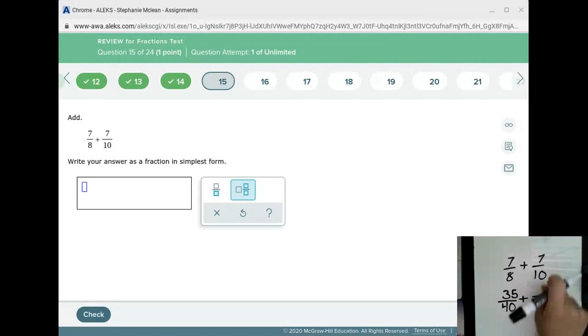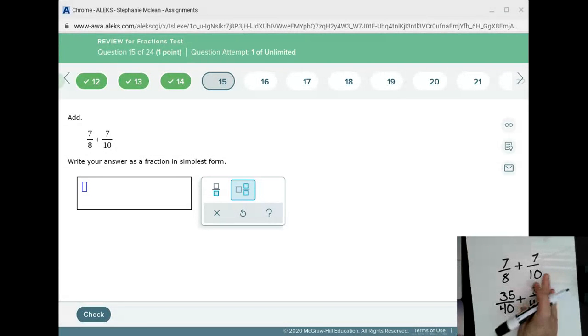I multiply 10 by 4 to get 40, therefore 7 times 4 gives me 30. No, 28. Sorry, 28.